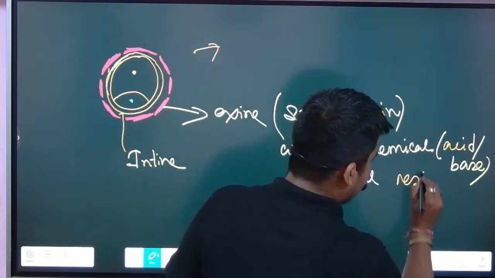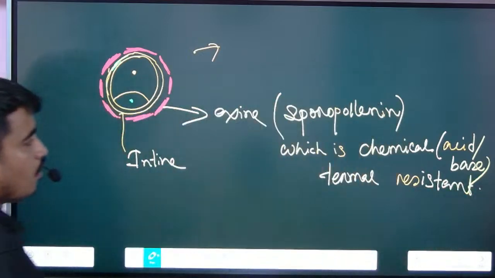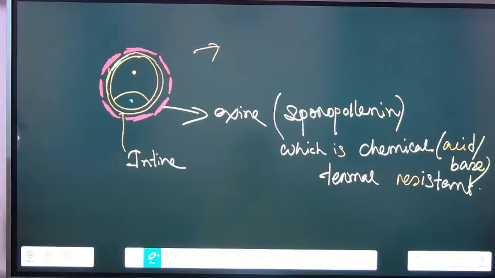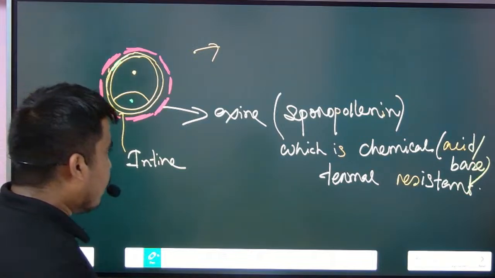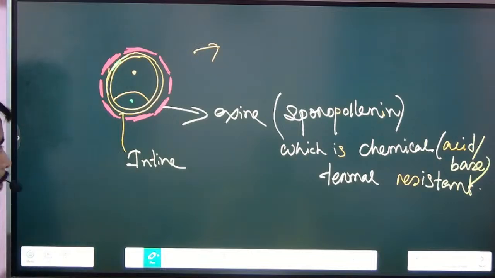By means of heat and by using chemical, you cannot destroy the exine layer. That is why we can get an intact gamete or intact pollen grain from a fossil also.